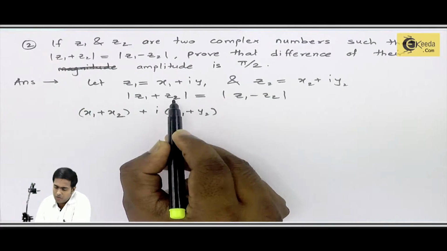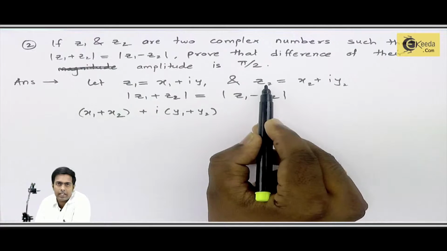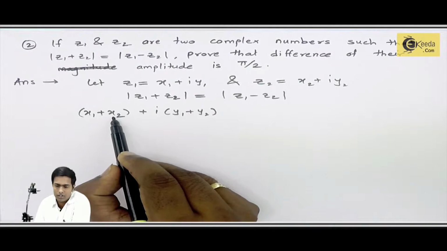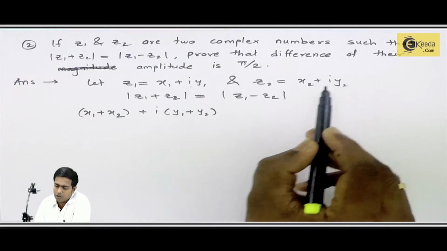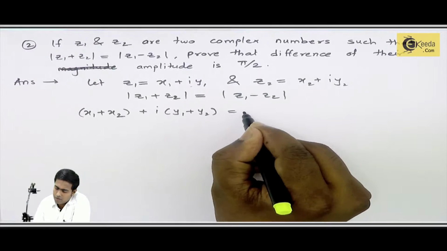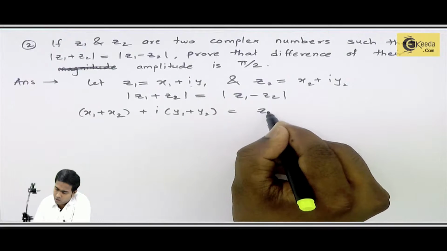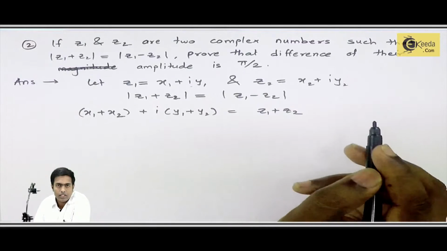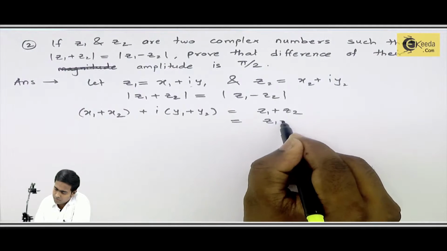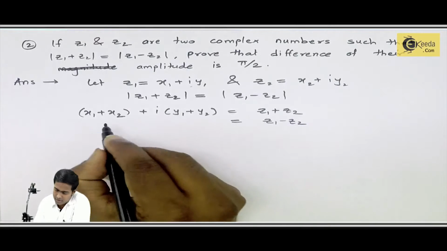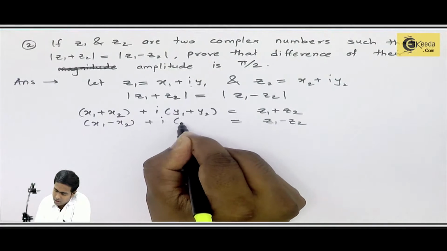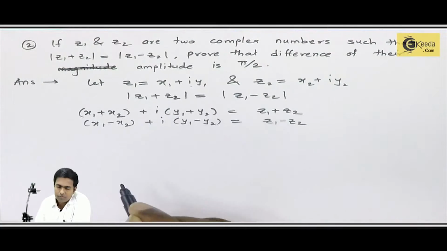So when we add z1 and z2, we will get x1 plus x2, that is addition of real parts, and iy1 plus iy2, that is addition of imaginary part. Now this is the value of z1 plus z2. Similarly, if we want z1 minus z2, we will get x1 minus x2 plus i times y1 minus y2.